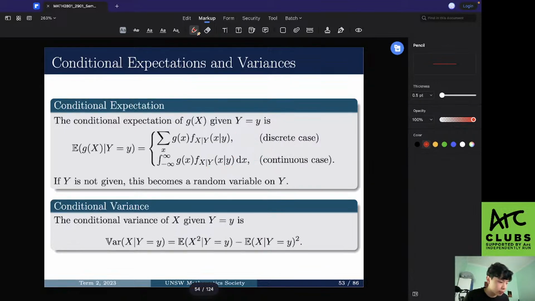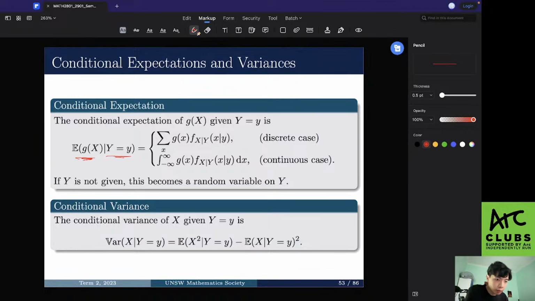Here is some conditional expectation and conditional variance. Essentially, what's the expected value of x given that y is given, right? So what is the expected value of a function of x given that y is already set?